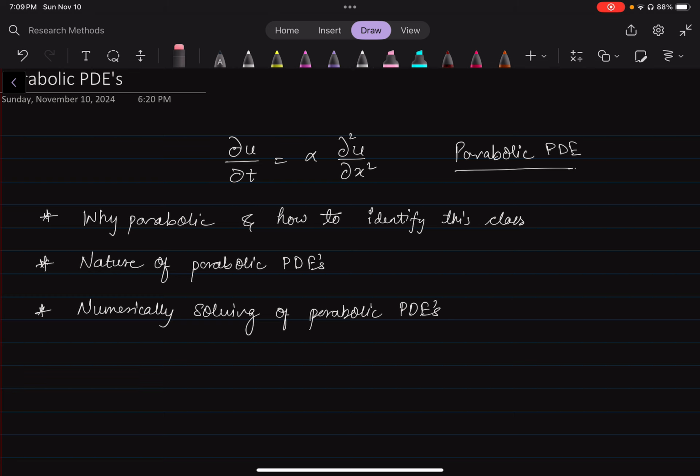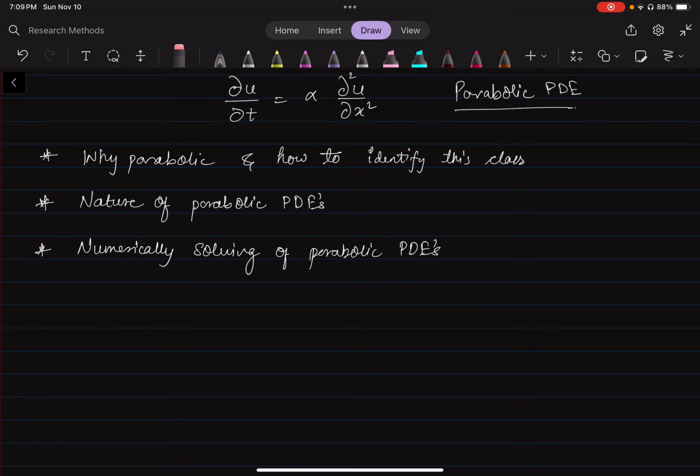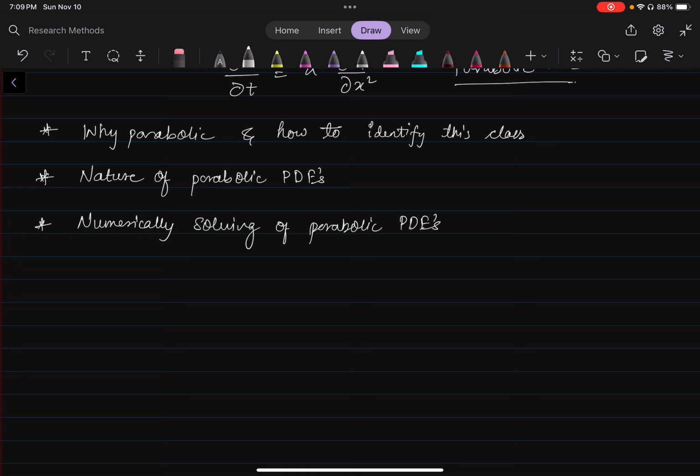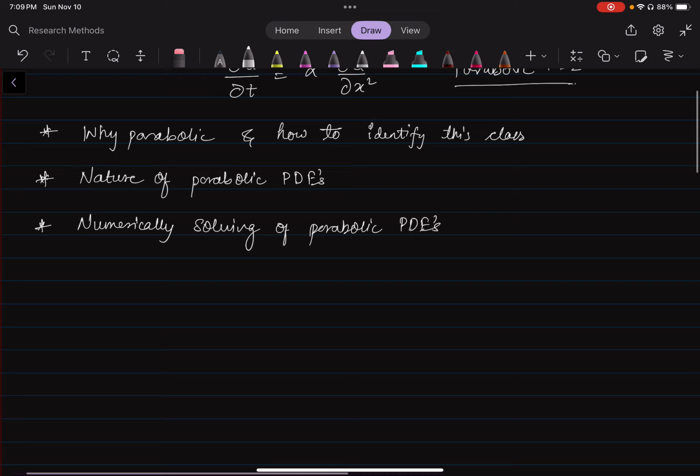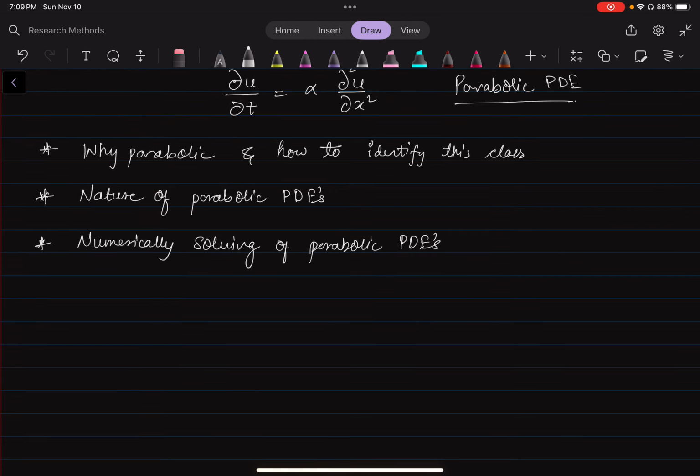So firstly, we'll start with how parabolic PDEs can be identified among other PDEs. To start with, a general second order PDE would be of the form a del square u by del x square plus 2b del square u by del x del y plus c del square u by del y square, and the other linear terms which are there with it.